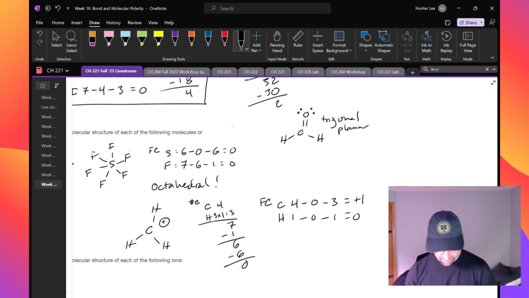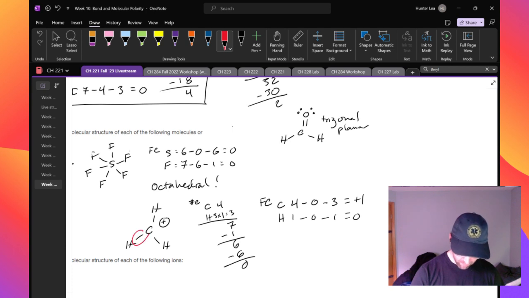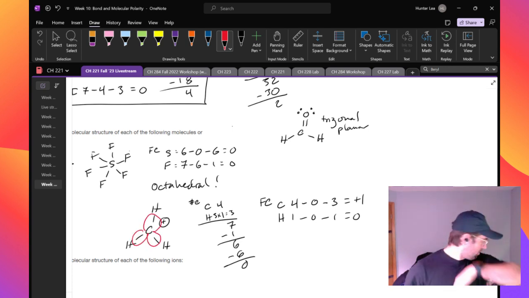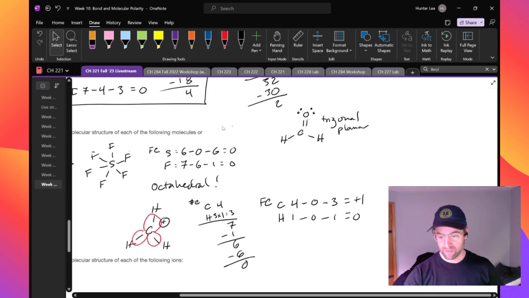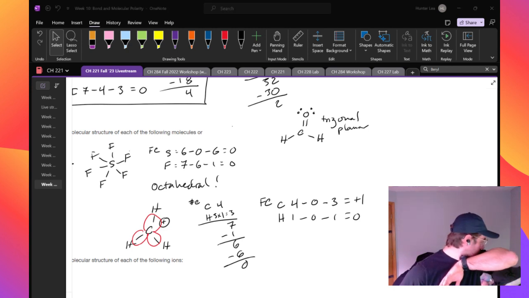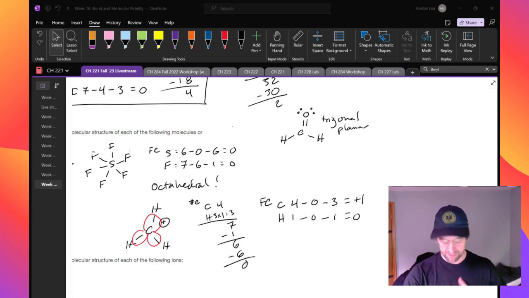Now, as far as geometry, we don't have any regions of electron density from lone pairs. We just have, I'm going to do this in red, 1, 2, 3 regions of electron density in those bonds.